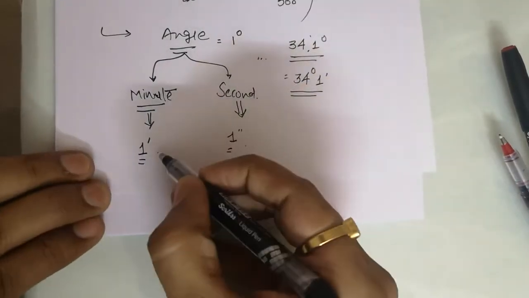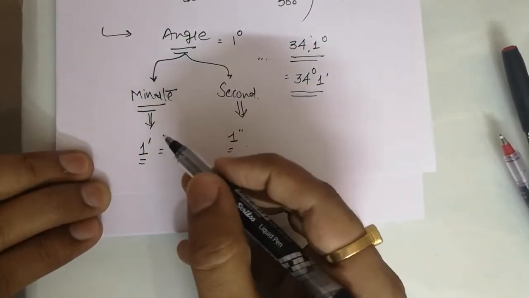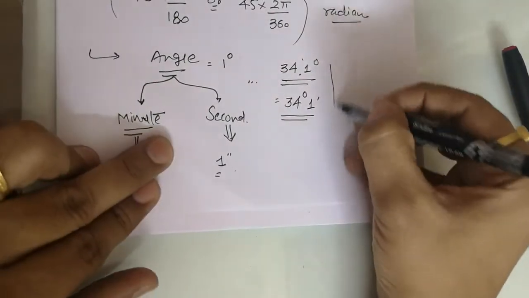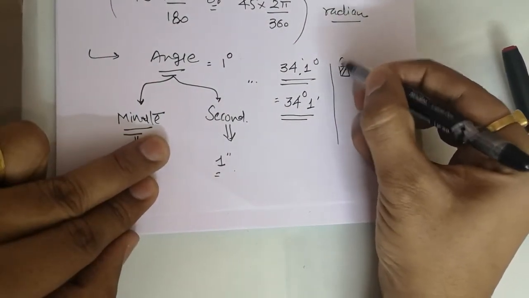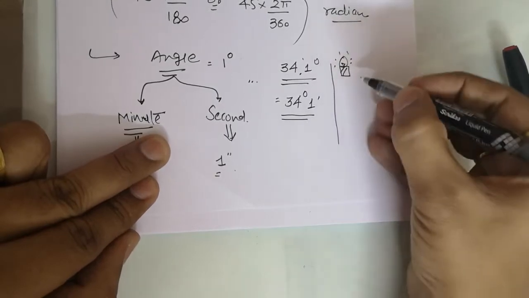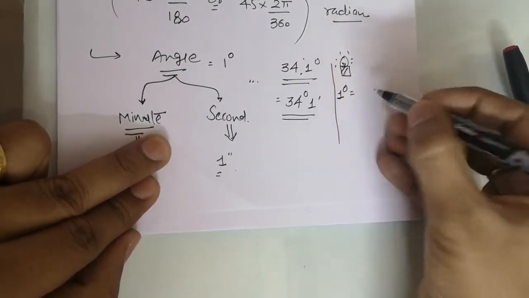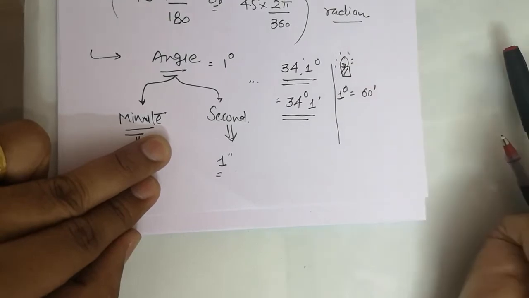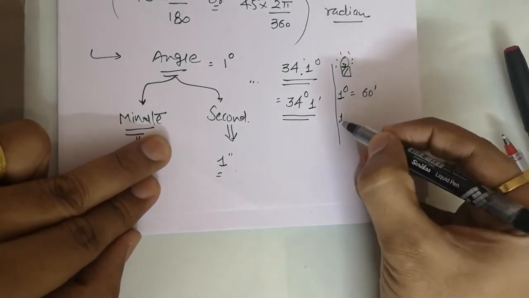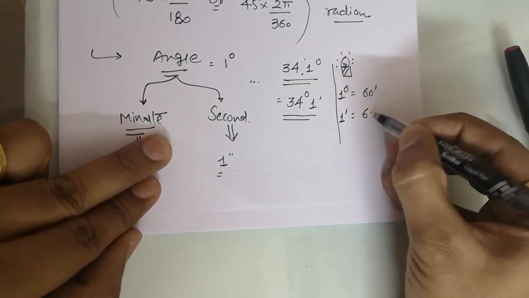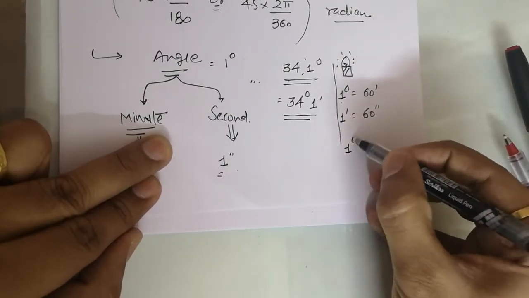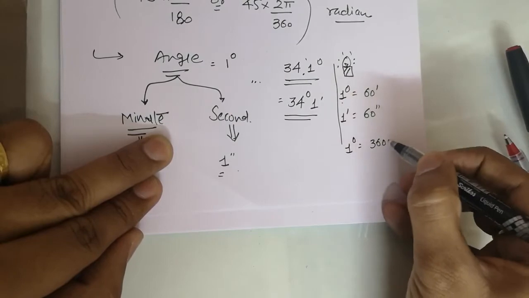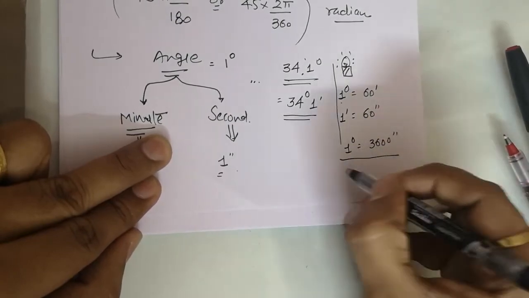Every minute and every second. So remember that: 1 degree equals 60 minutes, 1 minute equals 60 seconds, so you can say 1 degree equals 3600 seconds.